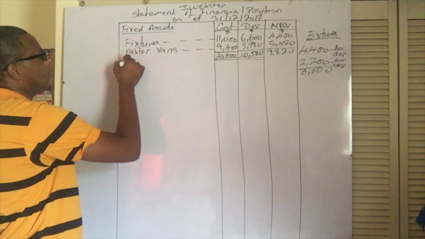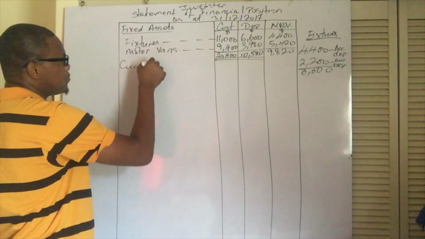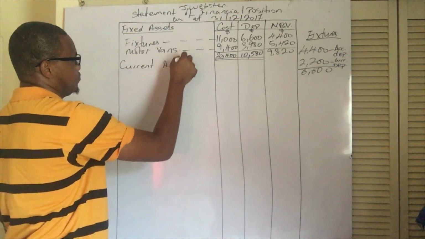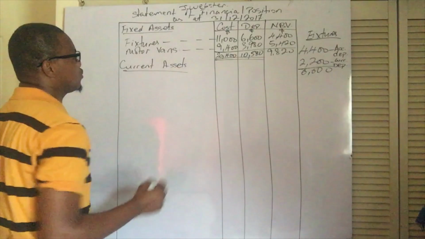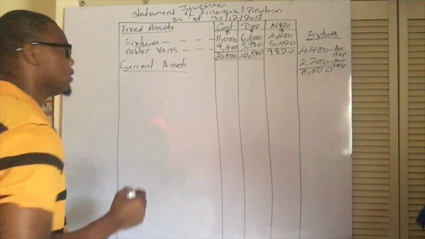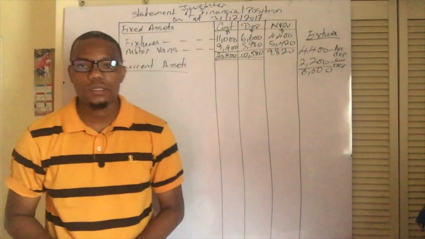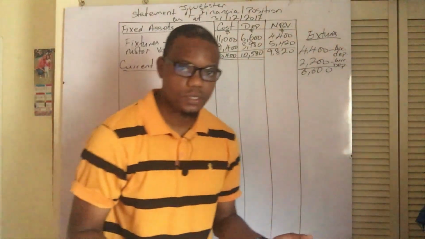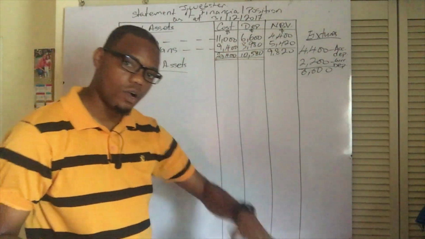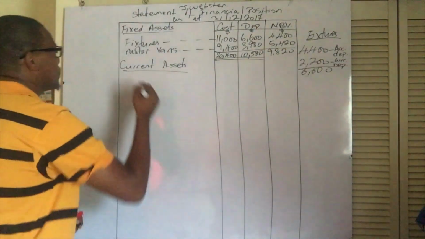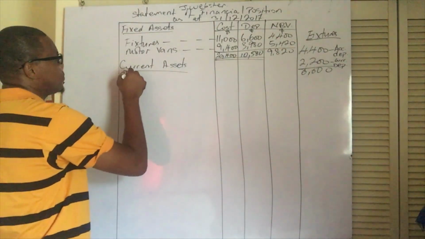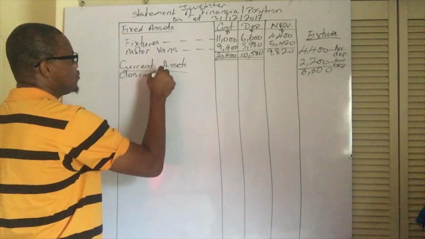So we move on now to our current asset section. Current assets should be listed in the order of liquidity, which means you're listing them from the least liquid to the most liquid. So you start from closing stock all the way down to cash. So we start with closing inventory, and I'm using the new terms.